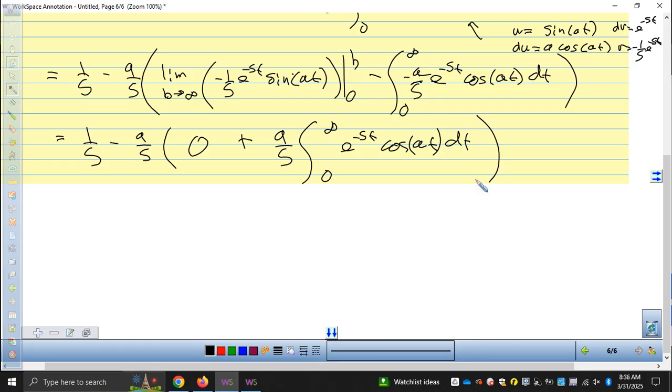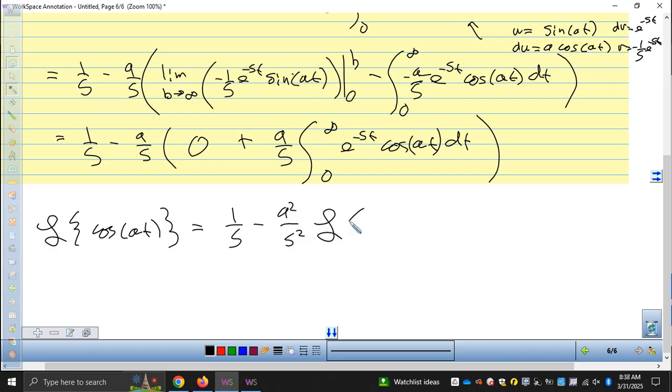Well, this integral is the Laplace transform of cosine of at. So we have the Laplace transform of cosine of at equals 1 over s minus a squared over s squared times the Laplace transform of cosine of at.